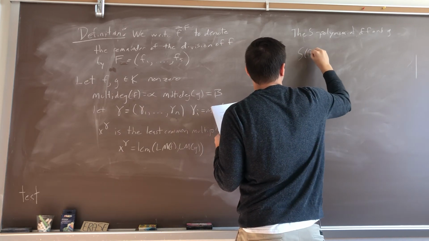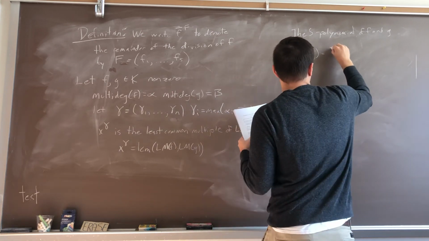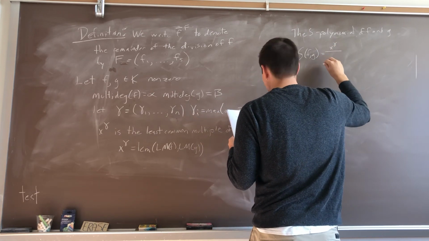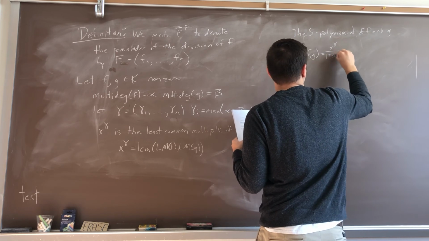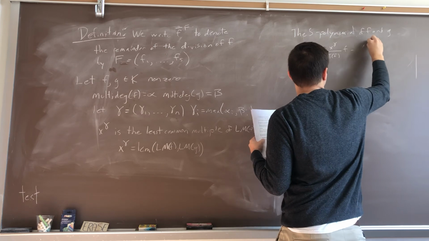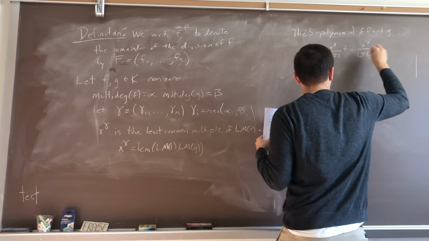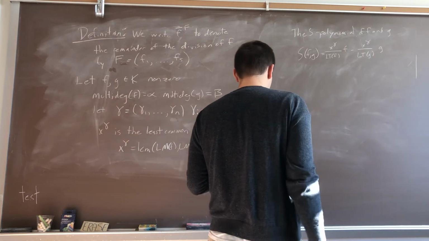S of f comma g equals x to the gamma over the leading term of f times f minus x to the gamma over the leading term of g times g. Okay.